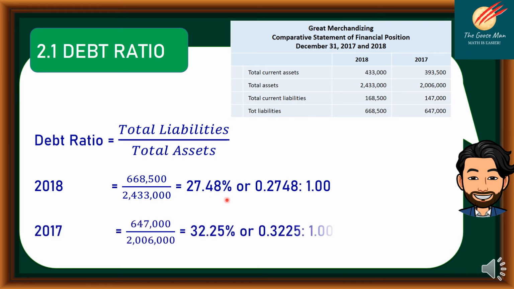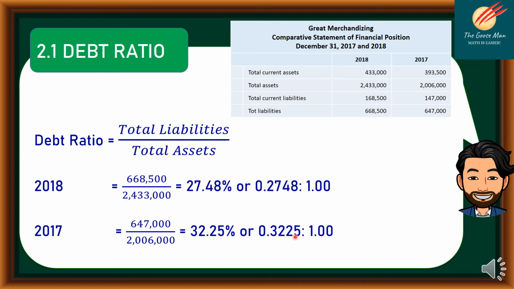On the other hand, for 2017, this is 647,000 divided by 2,006,000. So this is 32.25% or 0.3225 to 1. As we can say, of the total resources of the business in 2017, 32.25% had been provided by the creditors.